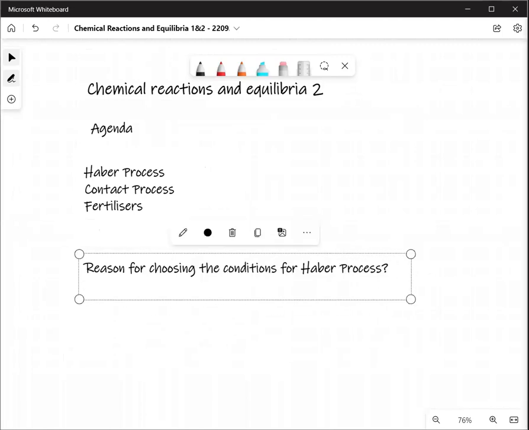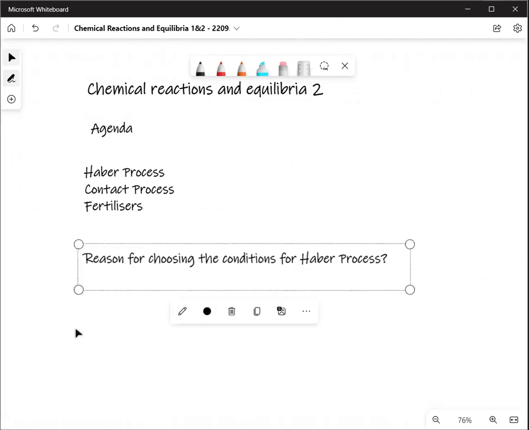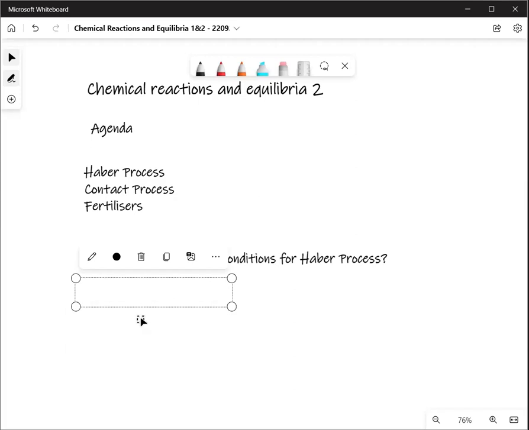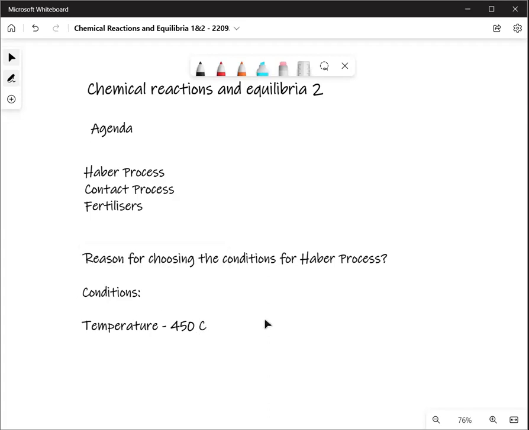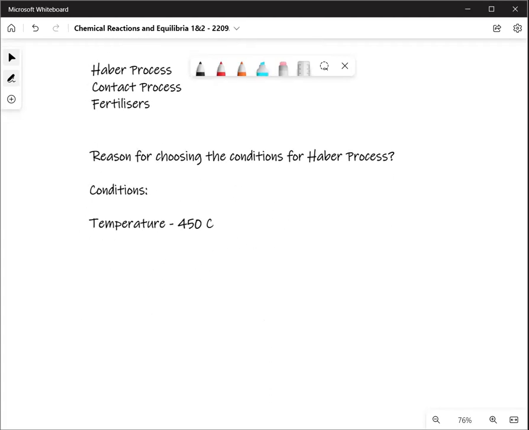Zahra, read it from your notebook. The temperature is 450 Celsius. Let's stop here for a second. Now, why do we have 450 degrees Celsius? Why do we take this?